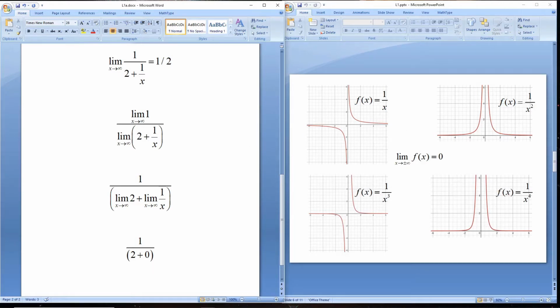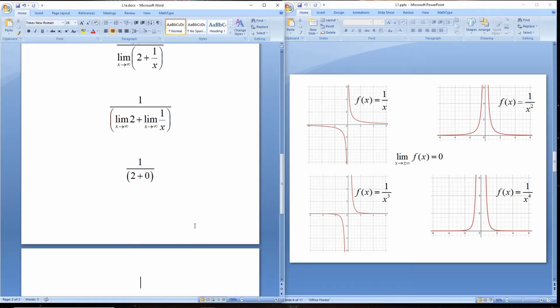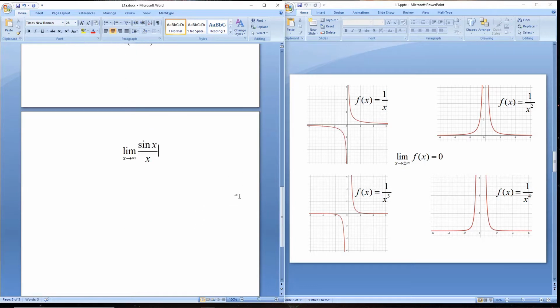So not too bad there, hopefully. Let's check out a trig function now, because there's something I do have to say about sine and cosine. Now, this is only true for sine and cosine, what I'm about to say. So now we're going to take the limit as x goes to infinity, and we have a trig function here.